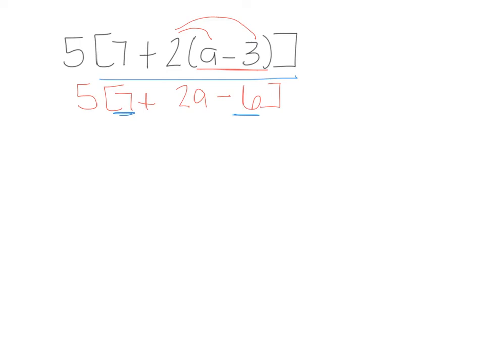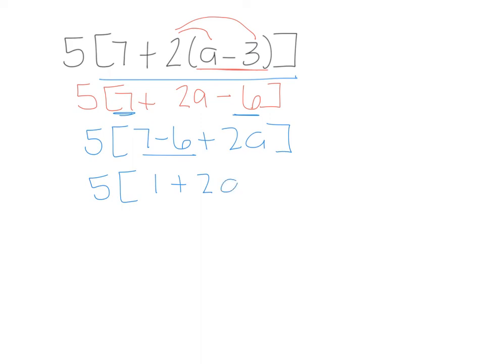Again, we can rewrite this using our commutative property of addition, and complete our operation of 7 minus 6. 7 minus 6 is 1 plus 2a. Now, 1 and 2a are not like terms, so we cannot combine them here.